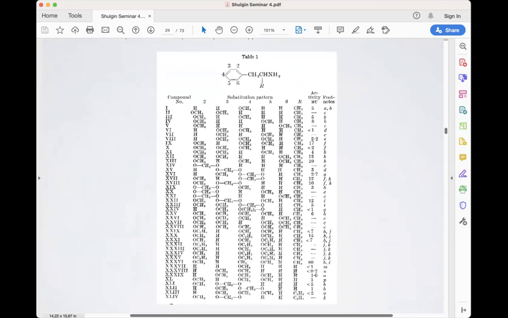But there are about 40-something, 44 of them listed, and they are compared mostly with relation to the activity of mescaline, yeah, in mescaline units. This is the most important criterion for him, yeah.